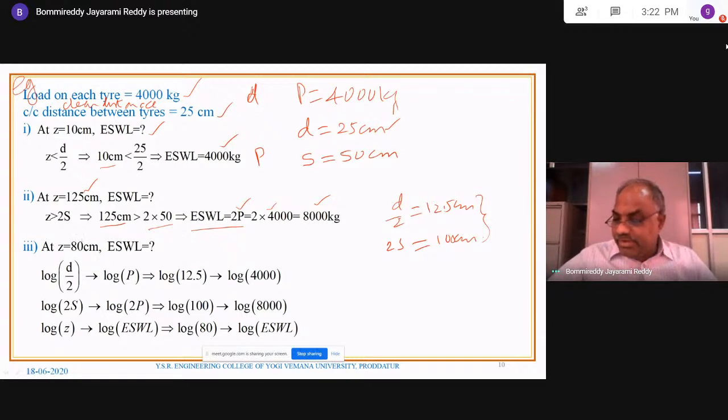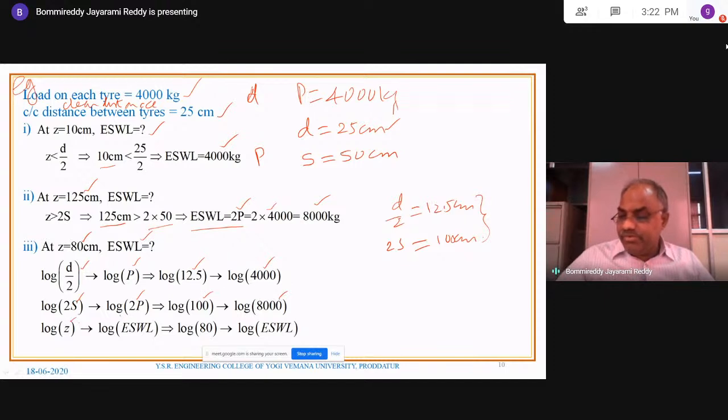So say the depth is 80 centimeters. What is the ESWL? Already you know that in the diagram, corresponding to D by 2, the load is P. And what is D by 2? 12.5. What is P? 4000. Everything is in terms of log. And for 2S depth the load is 2P, and log of 100 corresponds to log of 8000. What is our question?